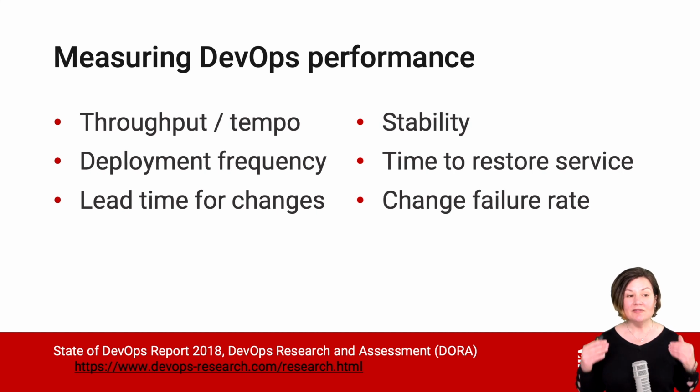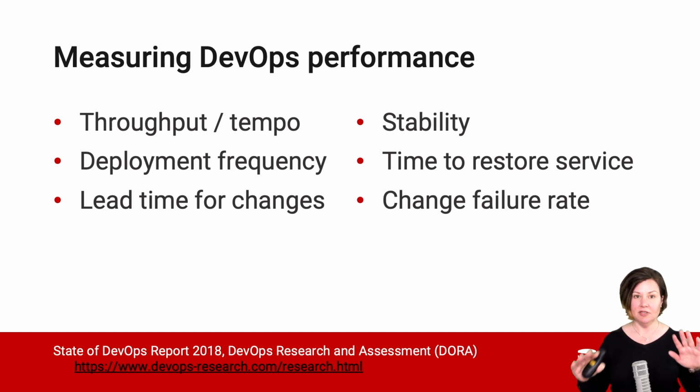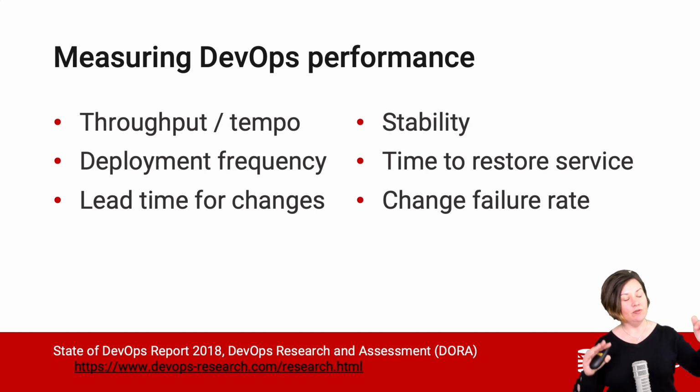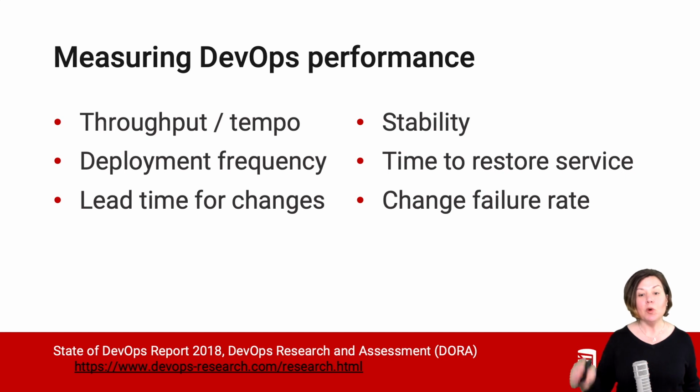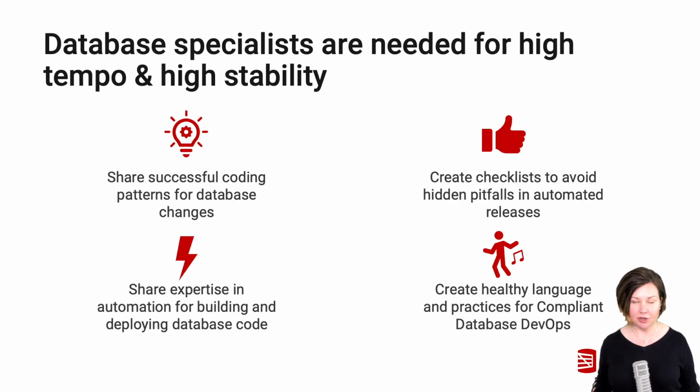The goal of DevOps is to have not only a high tempo or throughput, but also to have a very stable system. And if we're keeping an eye on both of these metrics and rebalancing when things are getting out of whack in one area, when lead time for changes is getting high, if we look at that, figure out the root cause and figure out how to fix it, that will benefit our stability as well in the future. So it's well worth doing.